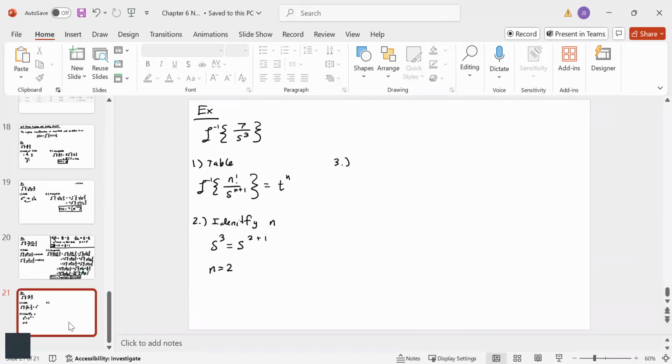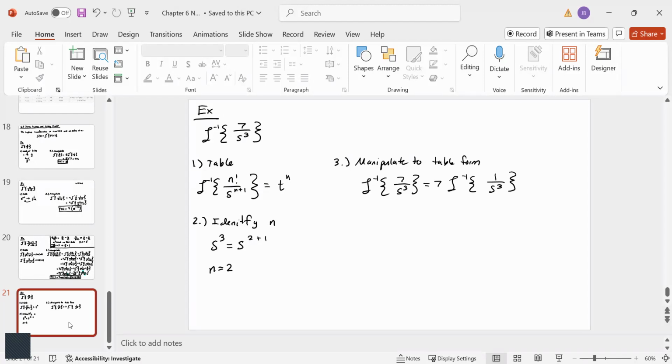Step 3 is we are going to create basically the factorial and manipulate so that we get it in the numerator. So what do I mean by that? It's going to be, say, manipulate to table form. So the inverse Laplace of 7 over s cubed is equal to, so I'm going to factor out the 7, and I get 1 over s cubed. Okay?